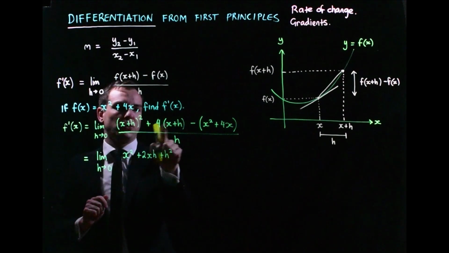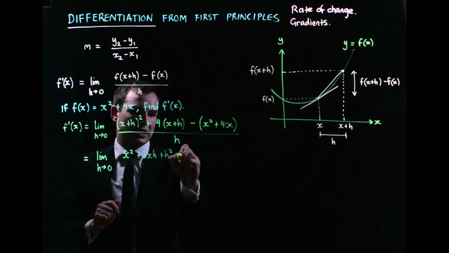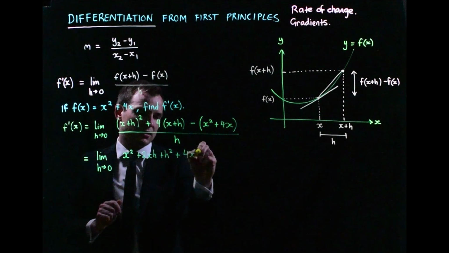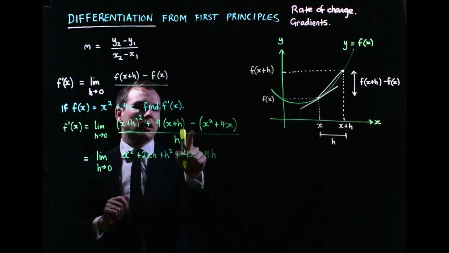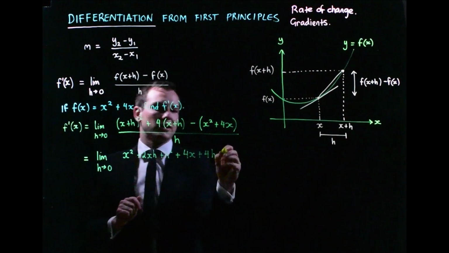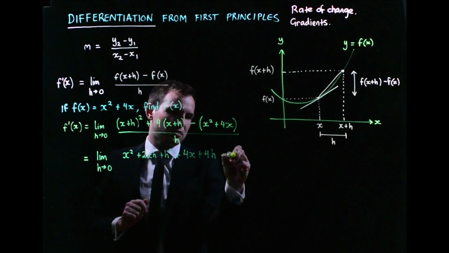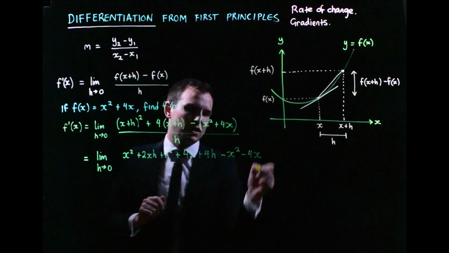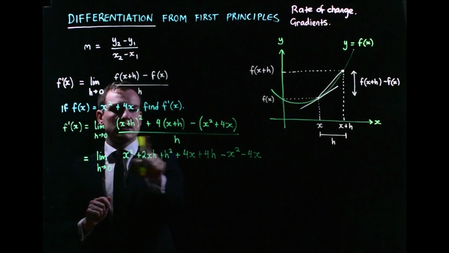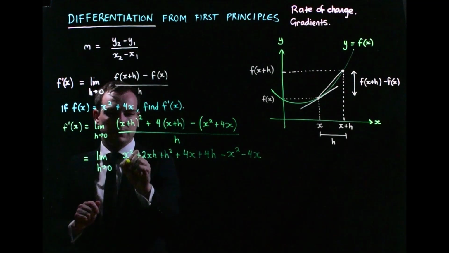And then we have plus 4x plus 4h when we expand that out. And then we're also going to have minus x squared minus 4x.